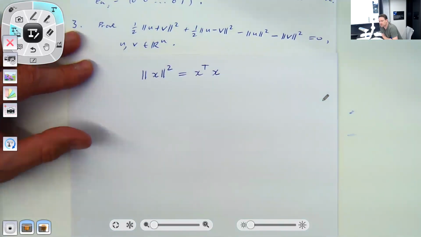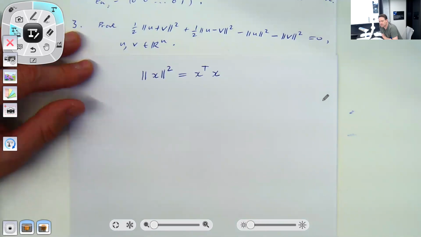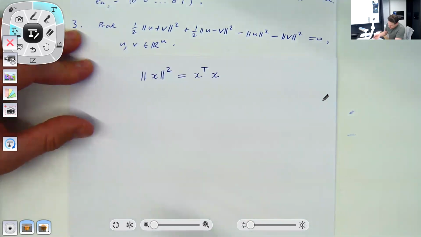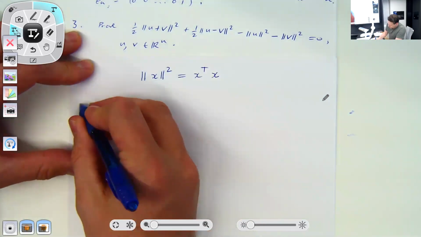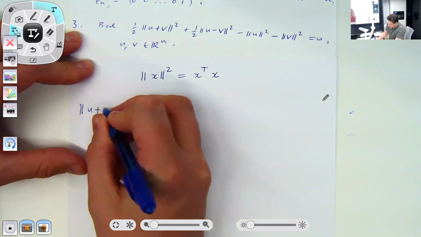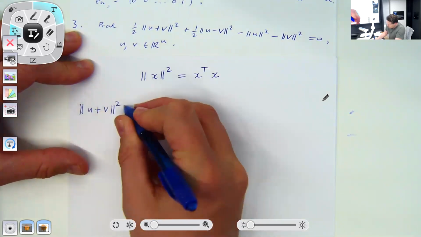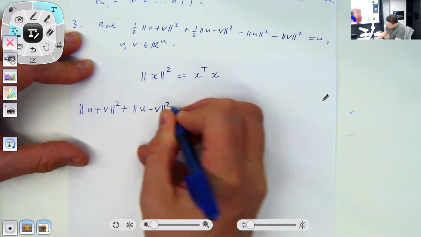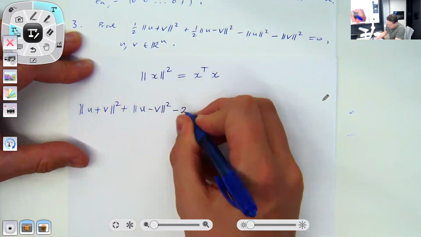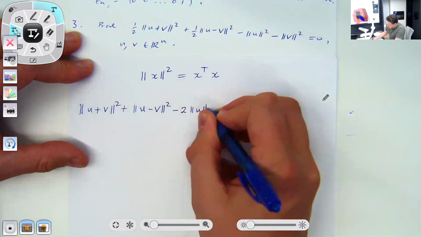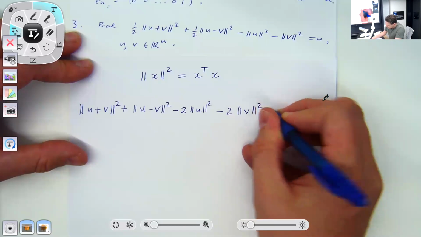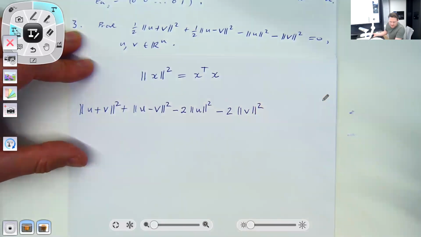So that'll be really handy here. Okay, but what I want to do is multiply throughout first by 2 to make the arithmetic look a little better. So we'll start with the norm of u plus v squared, and then the norm of u minus v squared, and then we've got minus 2 norm of u squared, and then minus 2 norm of v squared. And we're meant to get 0, right?